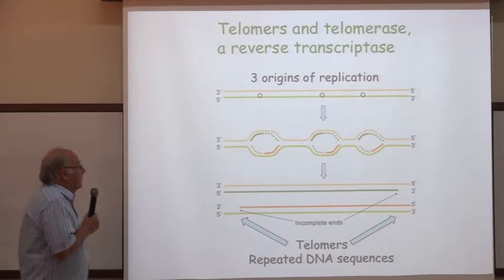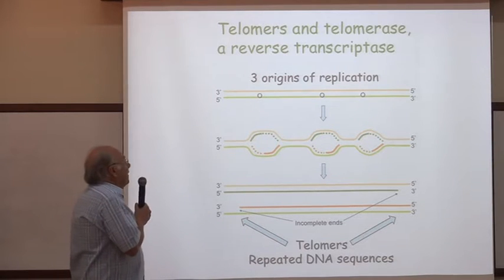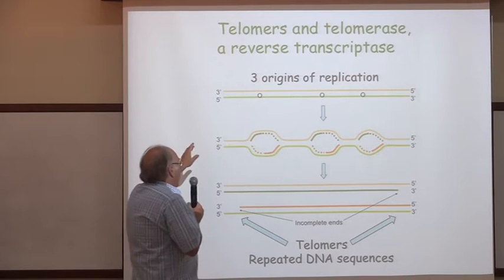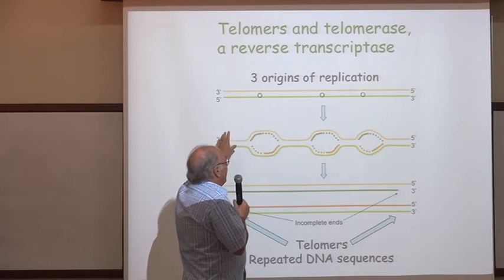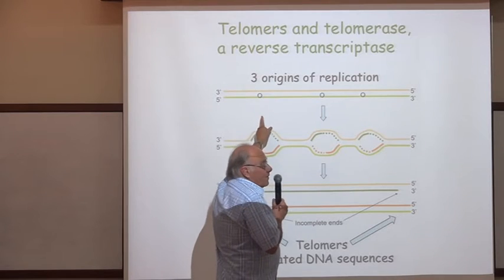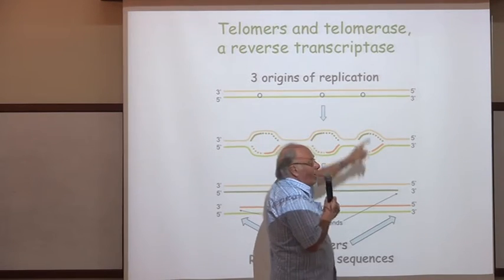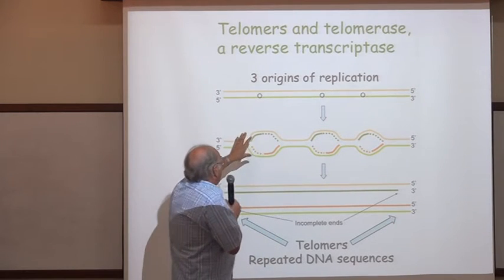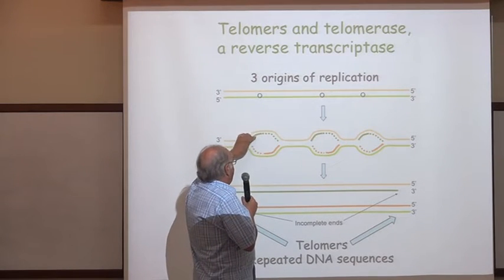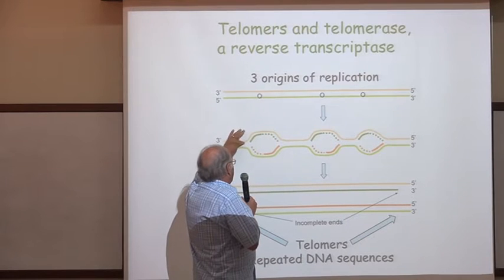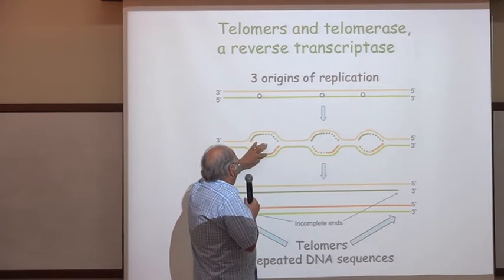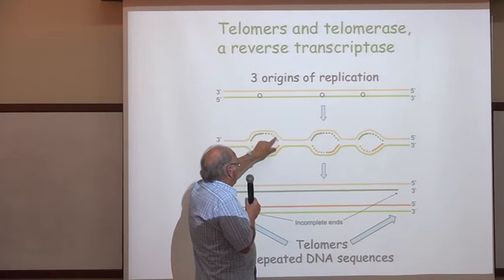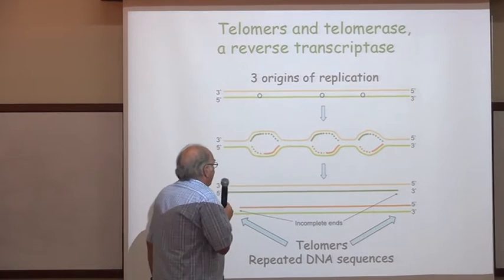Now we come to another problem here, because when you are doing the replication here, say if you have a DNA which has 3 origins of replication shown by these 3 O's, you start at this point and you proceed in one direction very smoothly, and also here, but then you have the Okazaki fragments on the other side.